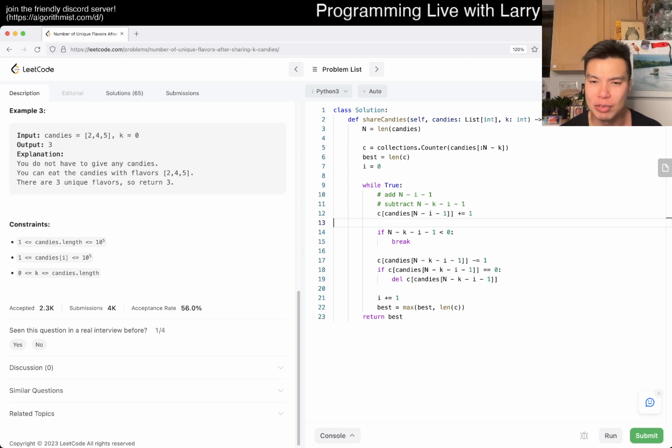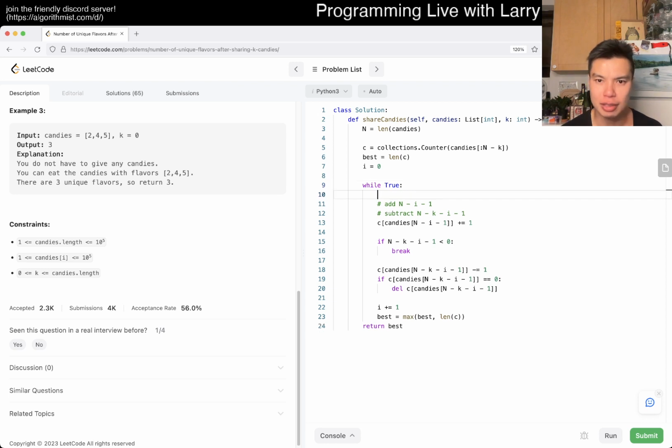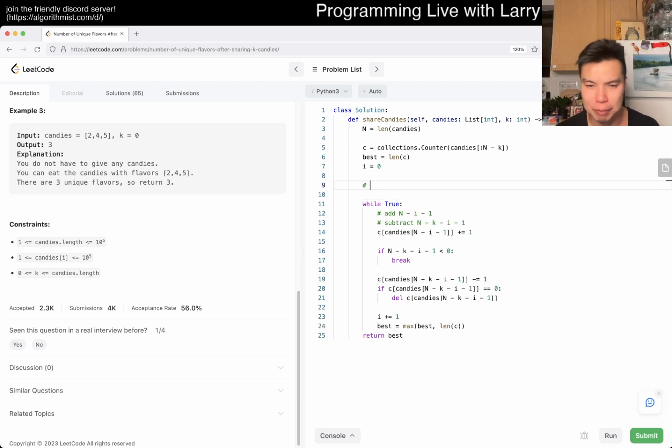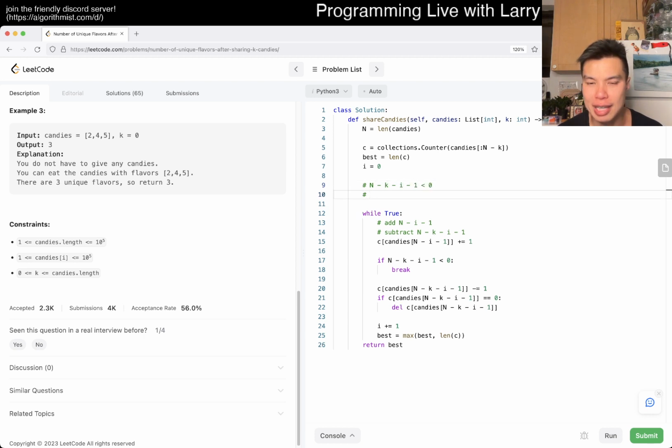You want i to go from 0 to this thing. I should have just done the math, I guess. But basically you have 1 is less than 0, which means n minus k minus 1 is equal to i. So as long as i is greater than this, it is okay.